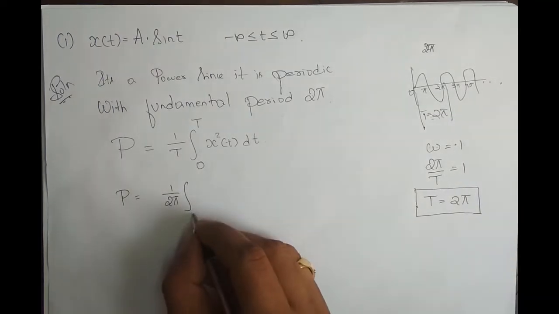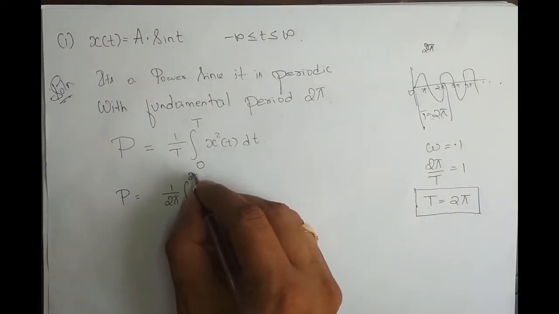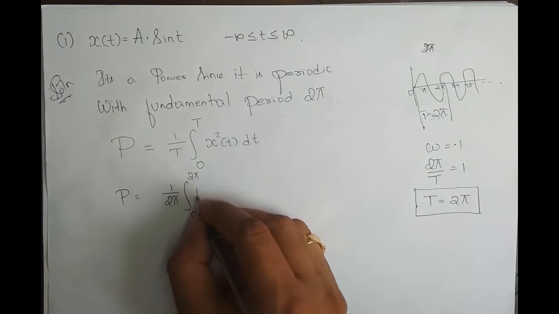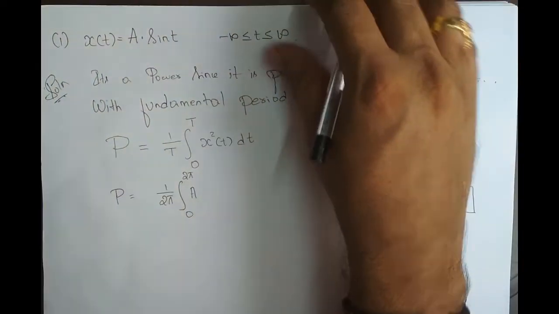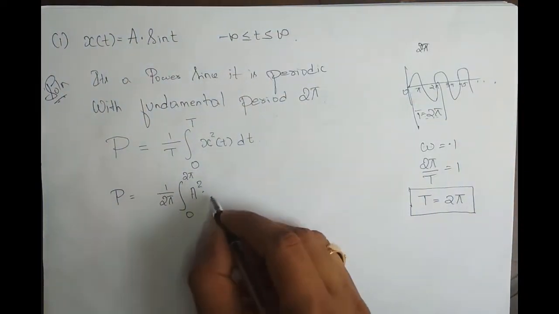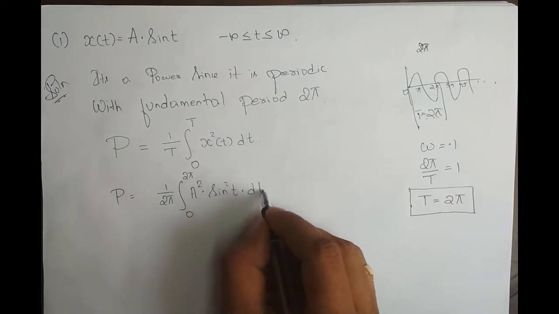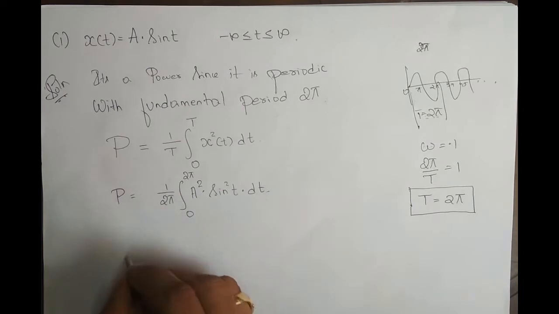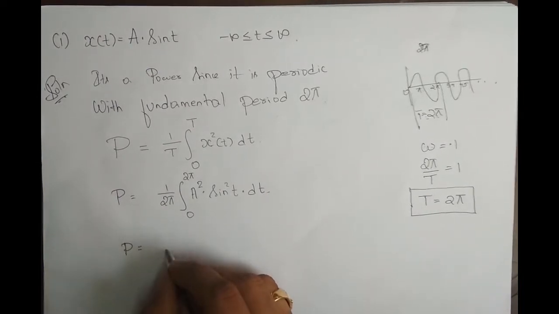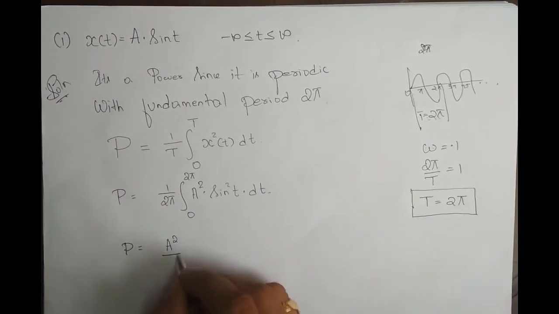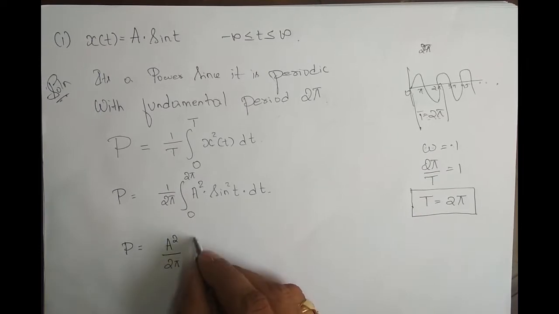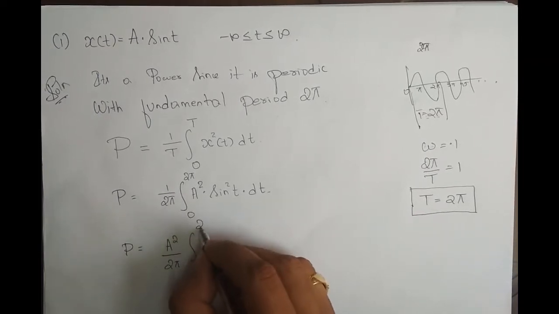So integrating from 0 to 2 pi, square of the given signal. It is A into sine t that is x of t, so its square is A square into sine square t dt. Since A square is constant, I will take it out of that integration: A square divided by 2 pi, integrating from 0 to 2 pi.